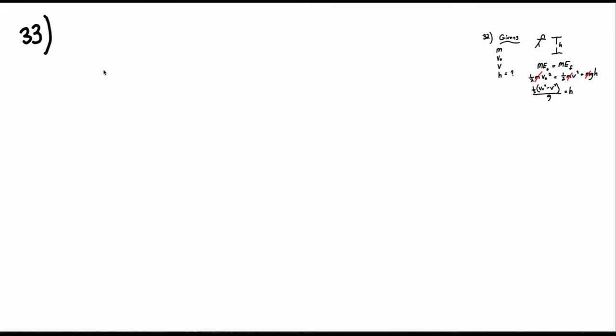Okay, so our givens again, let's write those out. We're given the mass of the child in the sled. The sled starts from rest and has a speed of 3 meters a second at the bottom. So the initial speed is 0, and the v at the bottom is 3 meters a second. So what's the height of the hill?